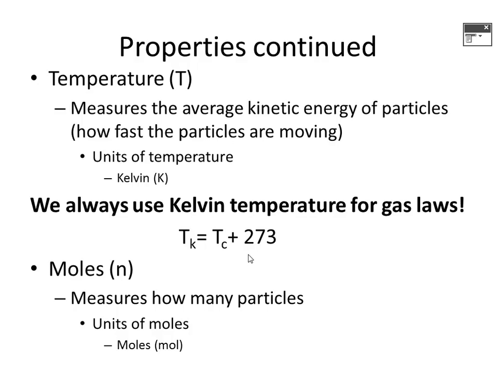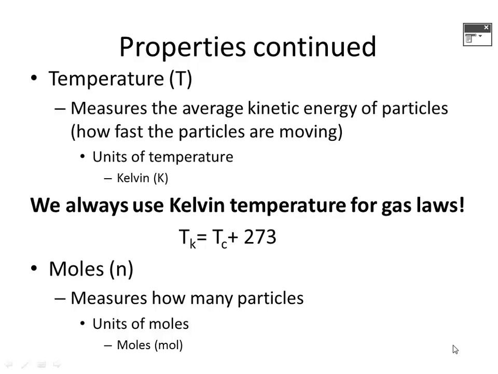What would negative 273 Celsius be in Kelvin? 0. So negative 273 degrees Celsius is 0 Kelvin. That's called absolute zero, and that's when particles stop moving. They have so little energy that they don't move anymore. Oh, no, that's 0 Celsius, that's negative 273 Kelvin.